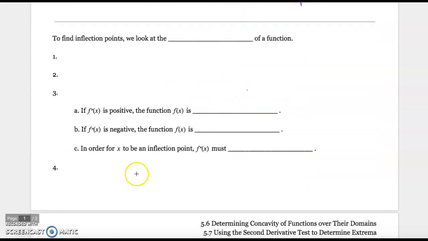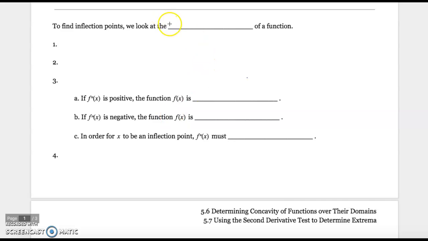To find inflection points, what we look at is the second derivative of a function. So first you want to find f double prime of x.